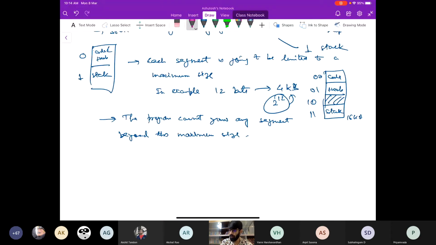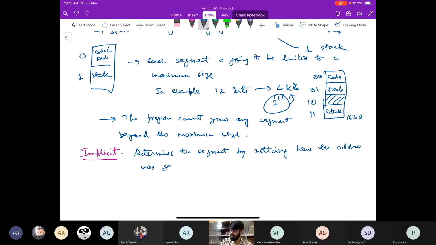Sometimes the hardware might have what is called the implicit approach, where it determines the segment by noticing how the address was generated. So if it is coming from the program counter, then it's going to be the code segment.